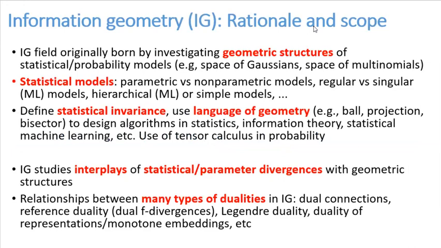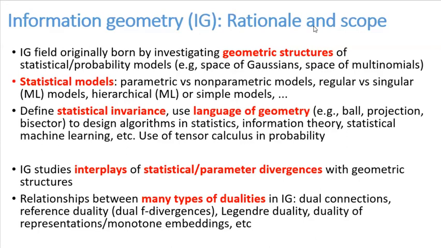The goal at first was to use the language of geometry, like the notion of an information ball, information projection, a bisector, to design algorithms in statistics and to get more intuition of what statistical algorithms do, and also to use the notation of tensor calculus to look at information loss of higher order. So that was the original motivation.